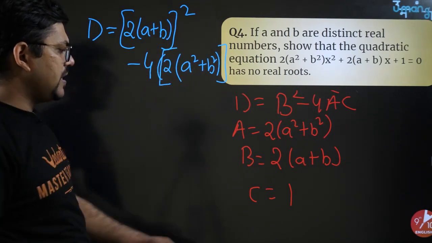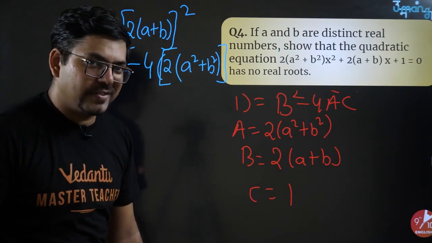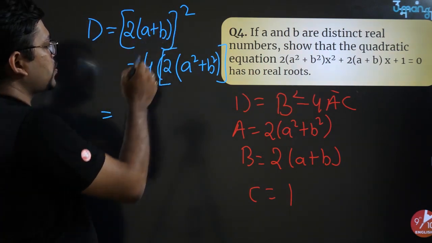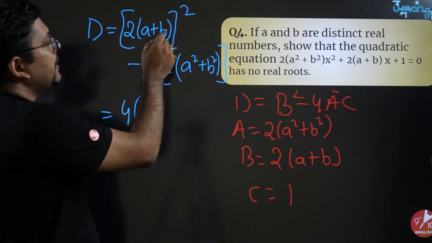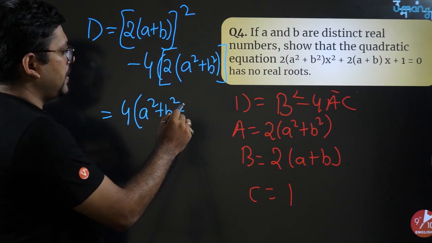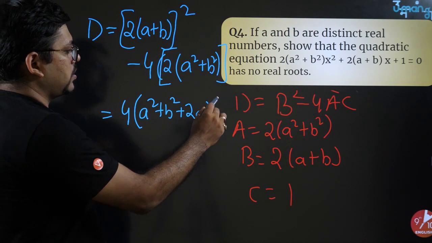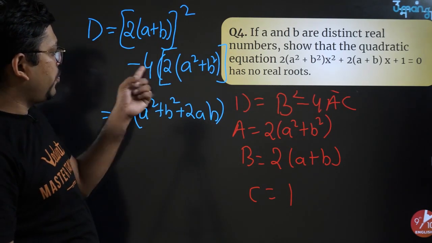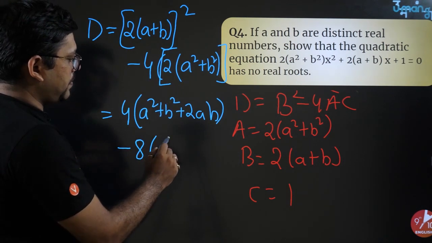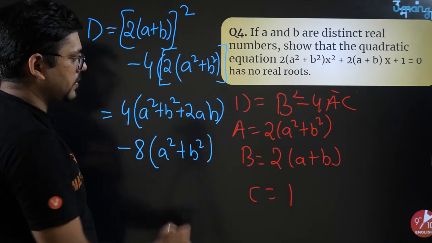I'm not putting c because c is 1, so it does not make a difference. Now if you calculate this, 2 whole square is 4 and a plus b whole square is a square plus b square plus 2ab, isn't it? And then minus 4 times 2, that is 8, in bracket a square plus b square. This is what it is.